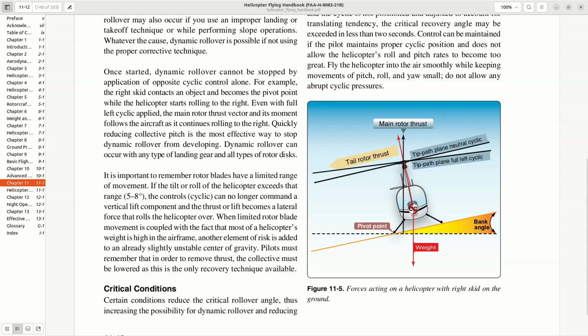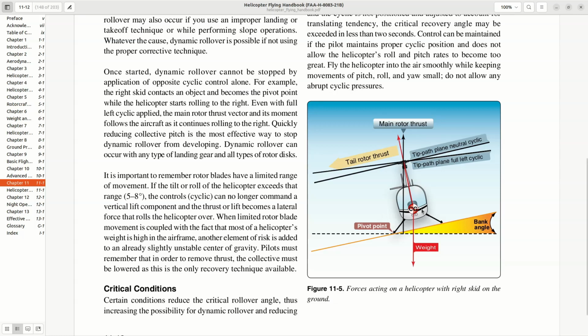So once you get to the situation where the CG is on the wrong side of this pivot point, if you will, then you're pretty much going over. Now, that's what I've just described as essentially static rollover.